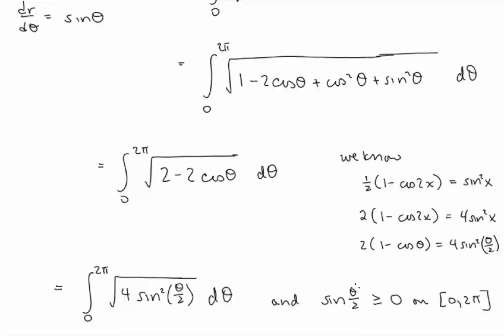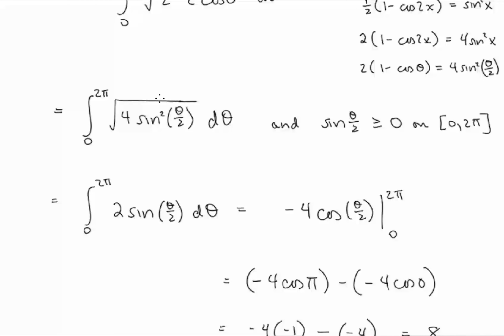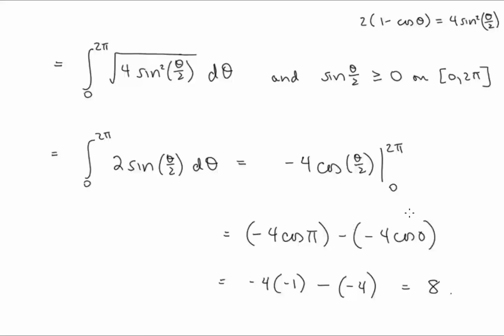And we recognize that sine of theta over 2 is greater than or equal to 0 on this interval for theta, because that means we're looking at sine of 0 to sine of pi. And those are values that are greater than or equal to 0. So we can do our simplification by canceling the radical and the square and not having to worry about the absolute value. So we're here, and we integrate, and we get an arc length of 8 units.